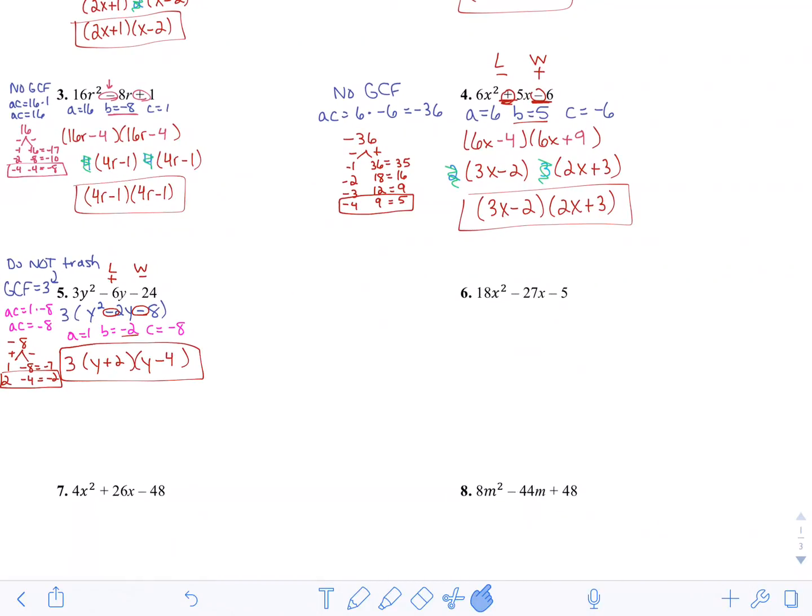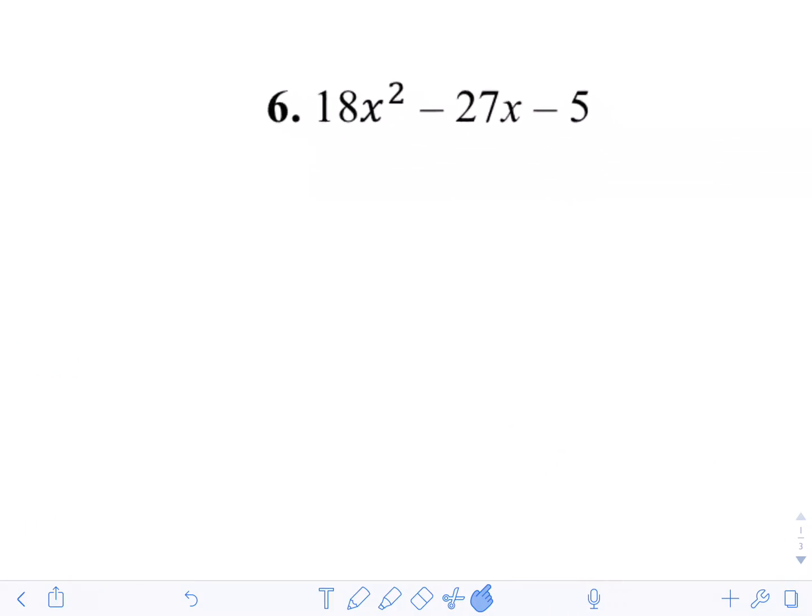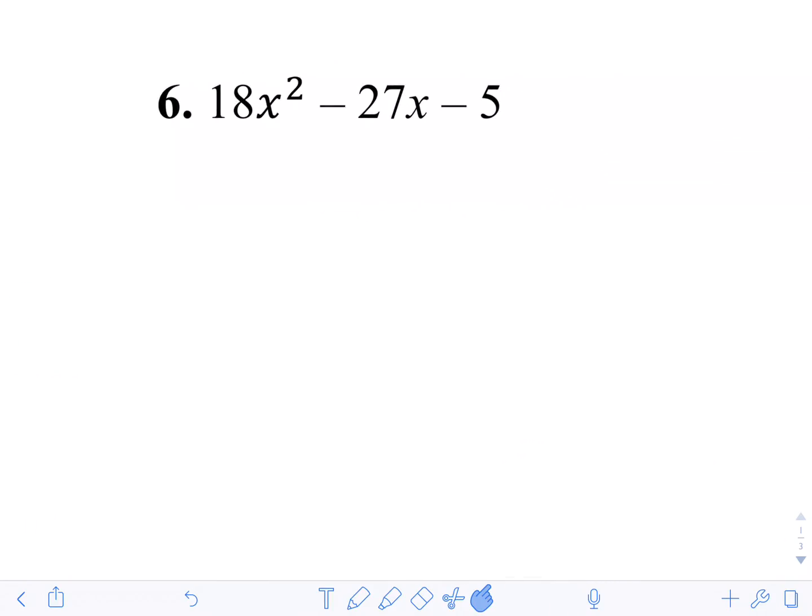All right, next one is number 6. So here we have 18x squared, and then we have minus 27x minus 5. Okay, I know right now that I do not have a GCF because 5 is my smallest prime number, and 18 and 27 are not divisible by 5. So there's no greatest common factor here.